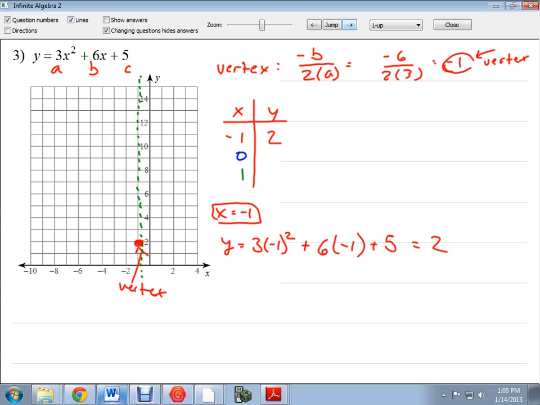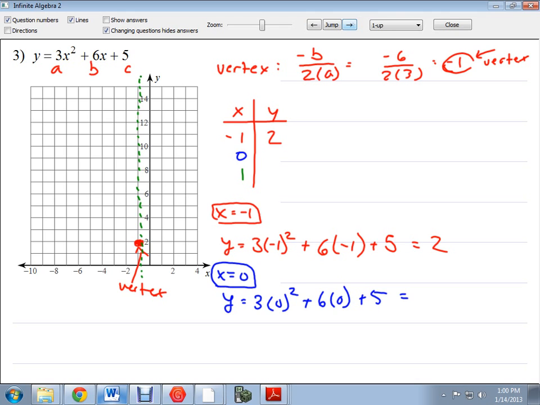0, by the way, is always the easiest point to plug in. If you can plug it in, if it's close enough, plug in 0. Let's see what happens when I do that. 3 times 0 squared plus 6 times 0 plus 5. What is 3 times 0?